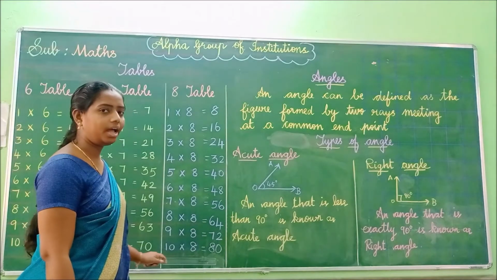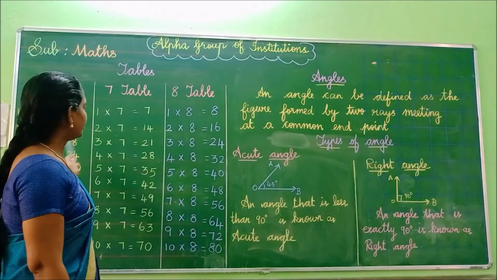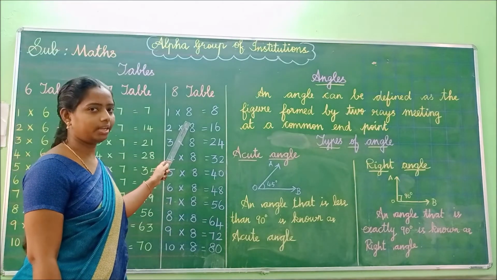Okay, children, are you clear about the tables from 6 to 8? Okay, learn them at home.